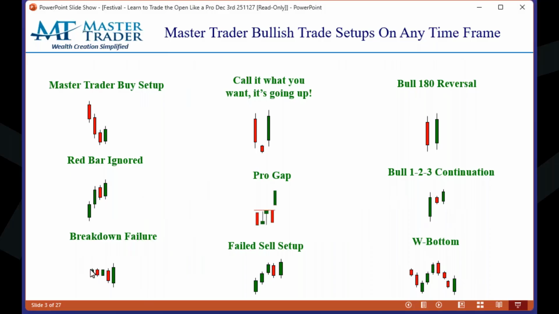Breakdown failure, some of my favorites. Igniting professional gaps. There was one on Bristol Myers this morning that is like this, gapping over a red bar and a beautiful breakout. 1, 2, 3 continuations. An igniting bar from consolidation, not far from the 20. Inside 1 or more inside bars, amazing setup.